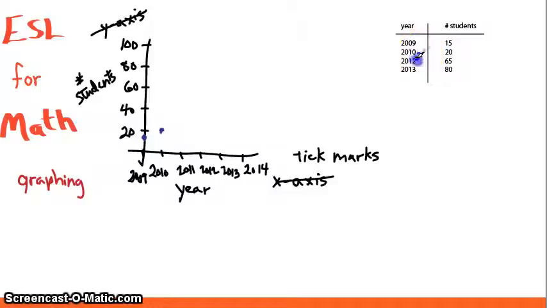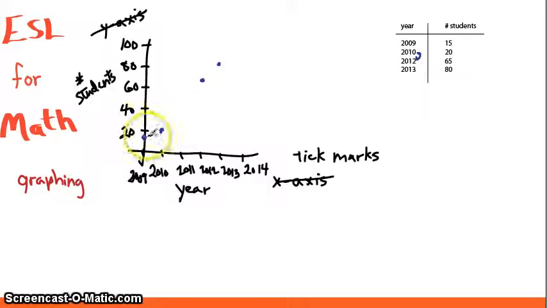Now, notice that there's a skip in the data from 2010 to 2012. So I don't have anything for 2011, that's missing data. Okay, but for 2012, I have 65 students. So 2012, go up till I get to about 65. I kind of have to do some guessing here. Okay, and 2013, I have 80 students. 2013, go up to 80.